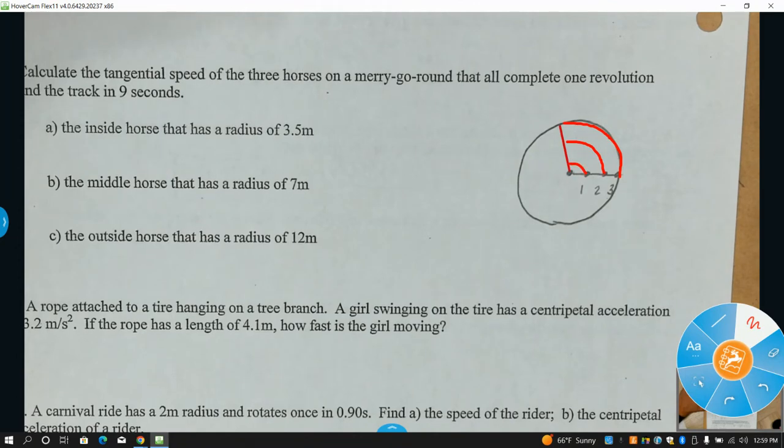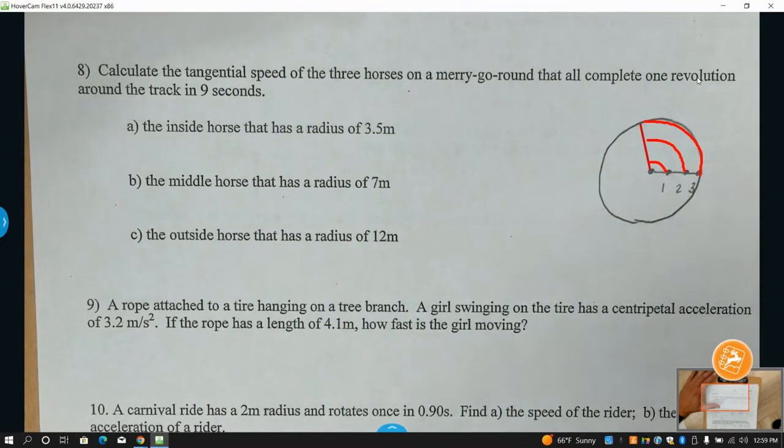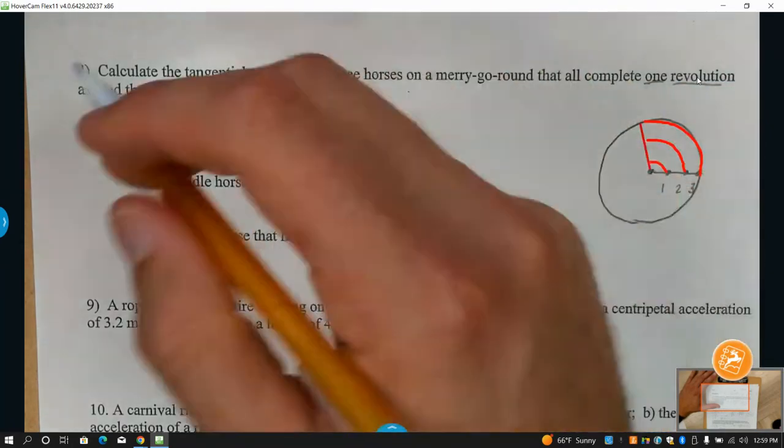So they would all have the same rotational speed, same frequency, and therefore the same period. It says that they all complete 1 revolution, 1 lap in 9 seconds.